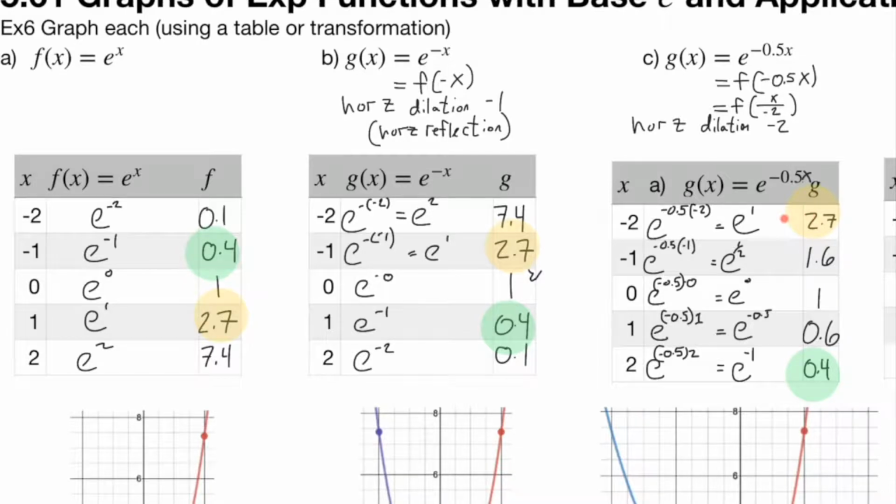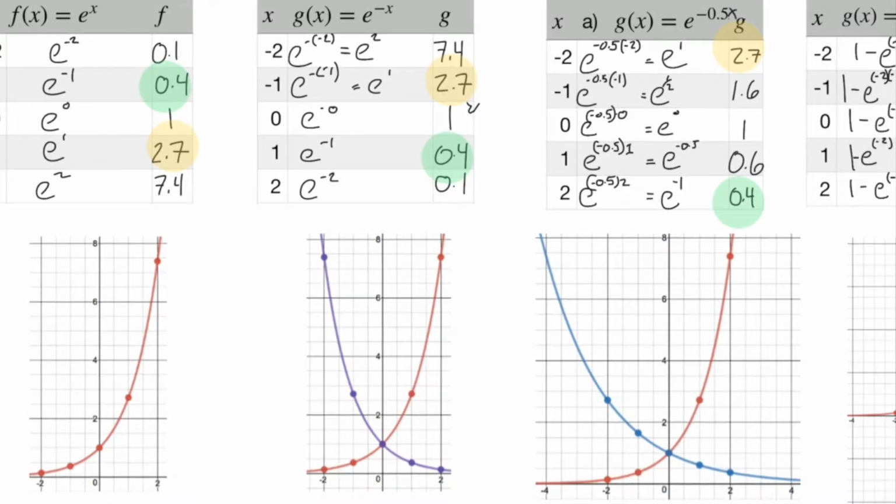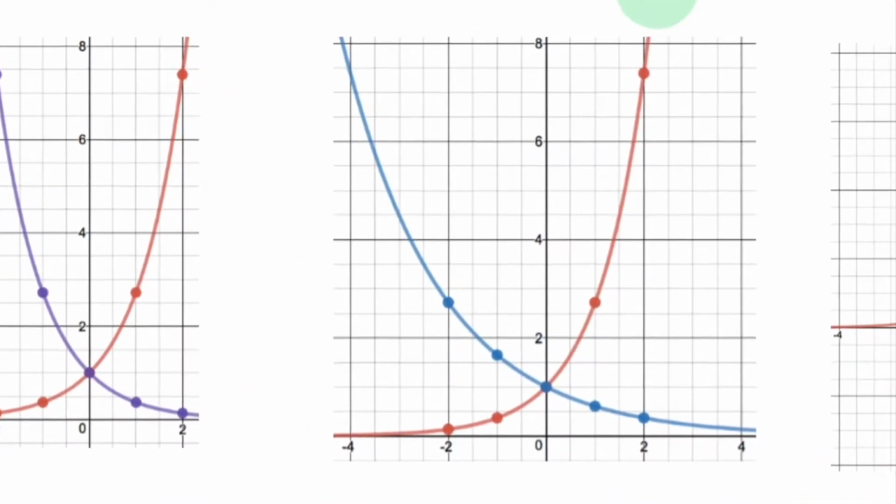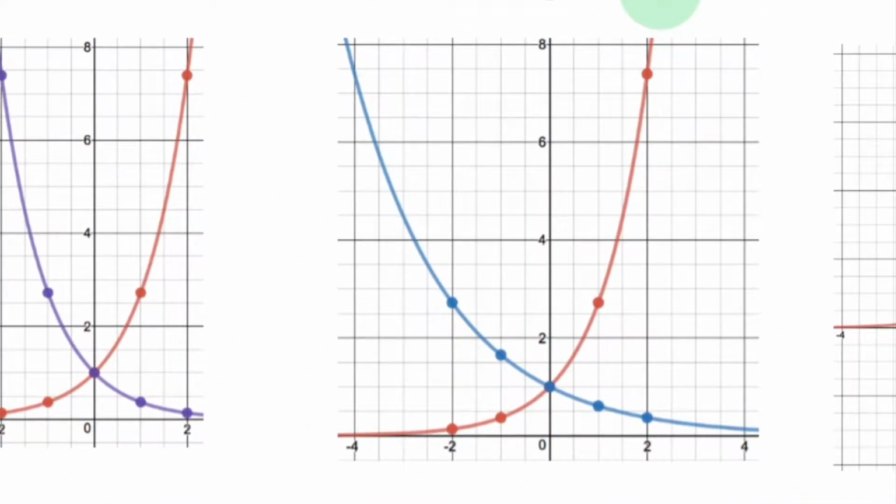The yellow value of 2.7 is now up here. And positive 2 times negative 0.5 becomes negative 1, so the green value of 0.4 is now spread out down here. On the table you can see it's twice as spread out as it used to be, and graphically you can see the same thing. Not only has it been reflected over the y-axis, that's the negative, but it's also been spread out. So x divided by negative 2 gives you a horizontal dilation of negative 2.